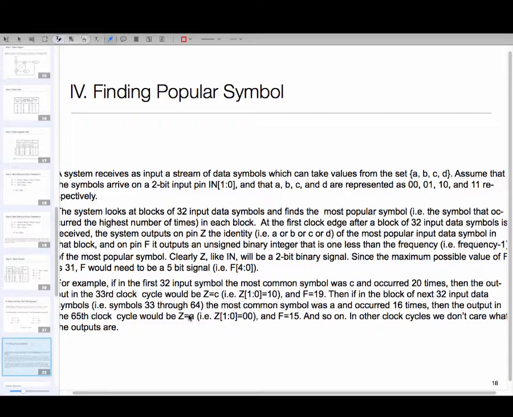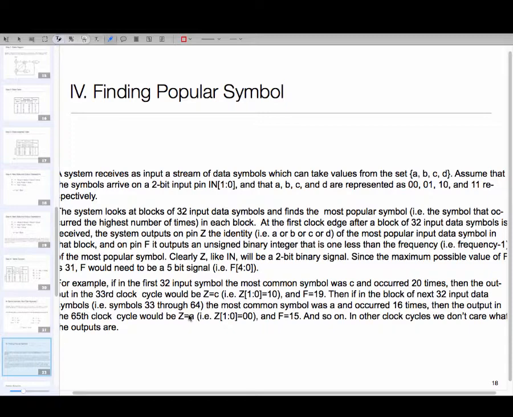For example, if A was most popular and occurred 17 times, you would output A on some of the bits and 17 on the other bits. Clearly Z would be a 2-bit signal, and the maximum possible value of F is 31, so F would need to be a 5-bit signal.